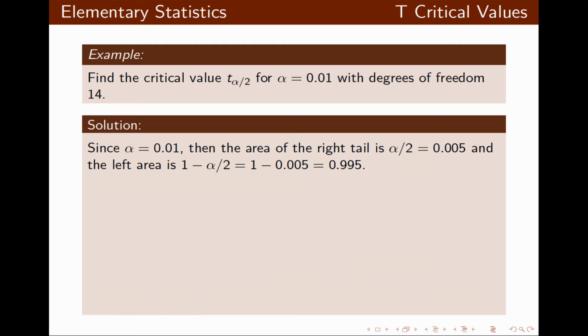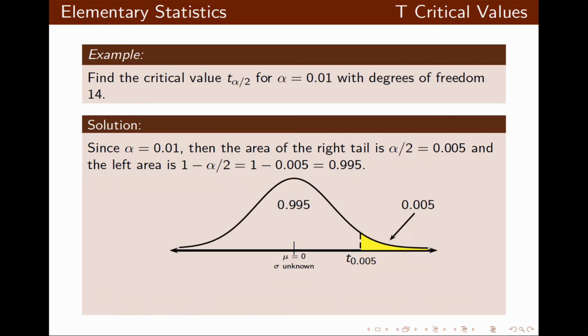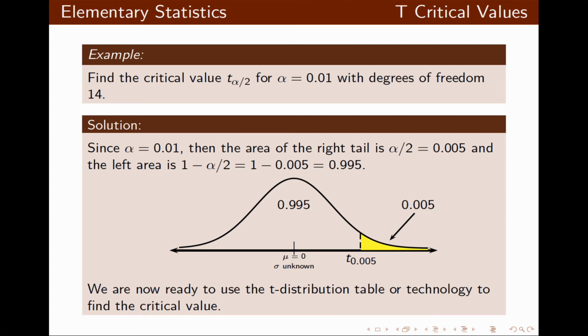And the left area would be 1 minus that, which is 0.995. Also, we're given the degrees of freedom to be 14. Now we can use t distribution table or technology to find this critical value.